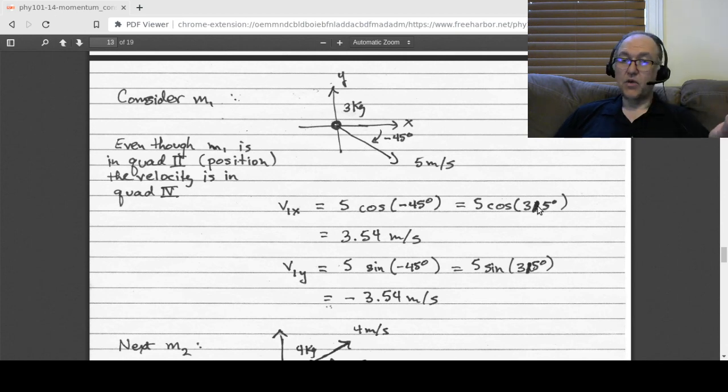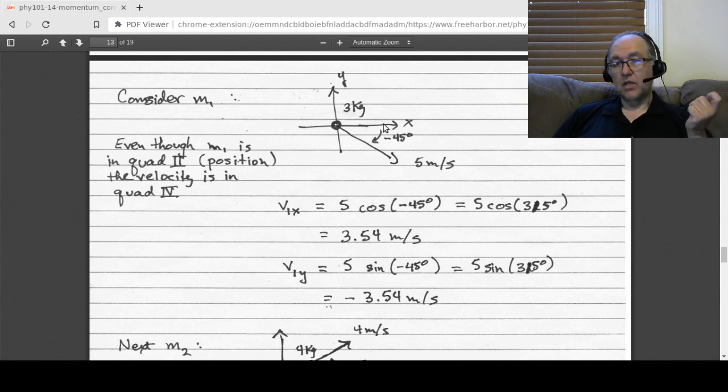You could do this on your calculator. If you calculate cosine of negative 45 and cosine of 315, you get the same answer. I did that because some people say, I don't like that negative 45. Fine, you can start with the positive x-axis and go counterclockwise, and by the time you get to the vector, you will have turned 315 degrees.